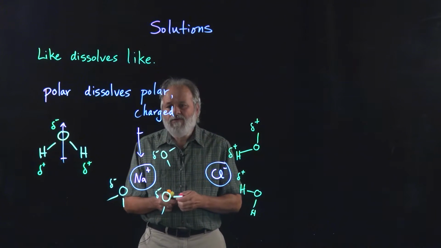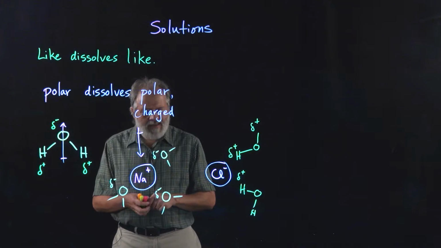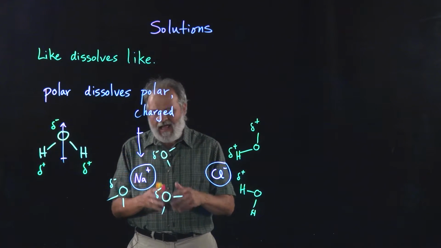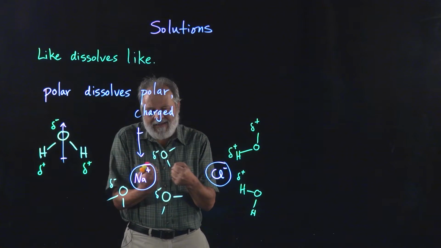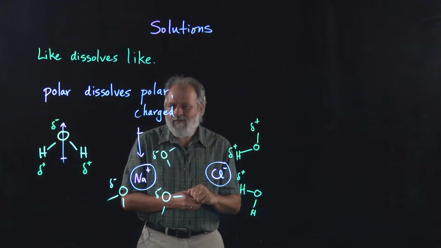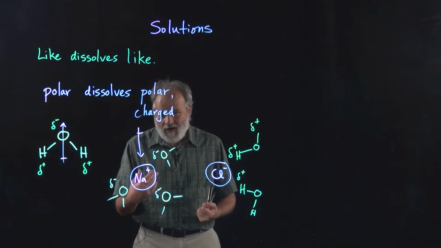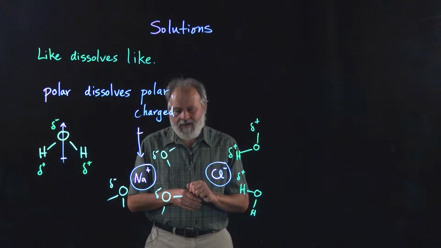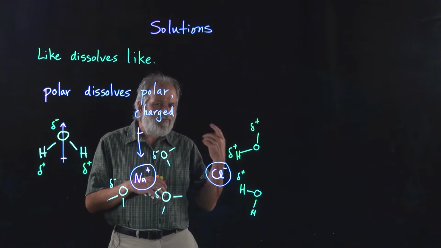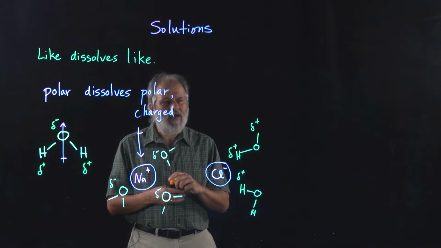Now if we go to high charges, well, it turns out that yes, the high charged ions are attracted to water, but they're so attracted to each other inside the crystal that they don't dissolve. So basically there's lists of rules about what dissolves in water as far as ionic materials and what does not. But generally speaking, if you have a charge of +1 and -1, it'll dissolve in water. If you have higher charges, it generally will not dissolve in water.